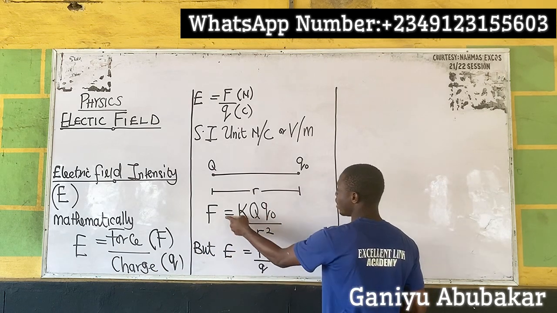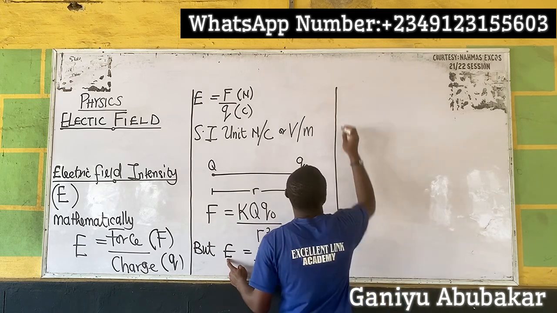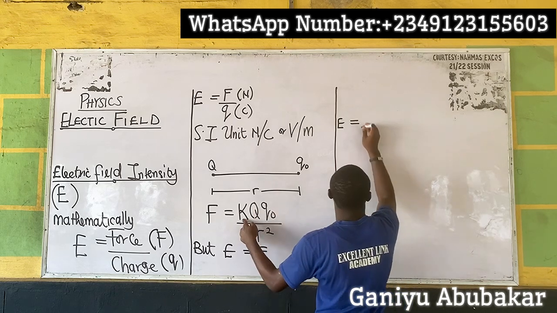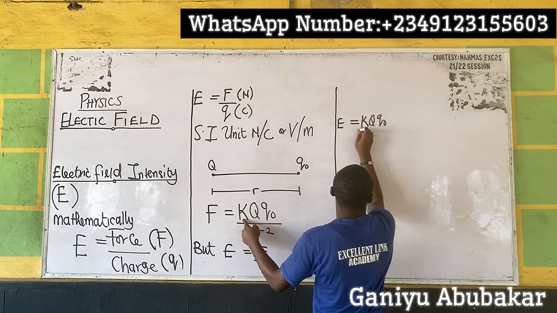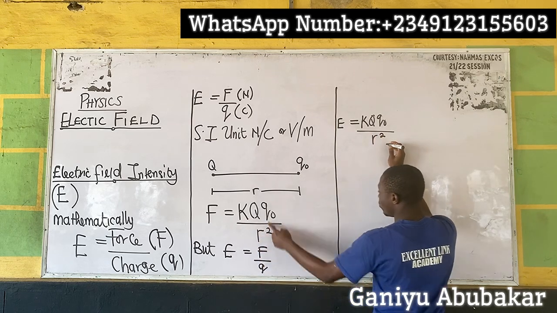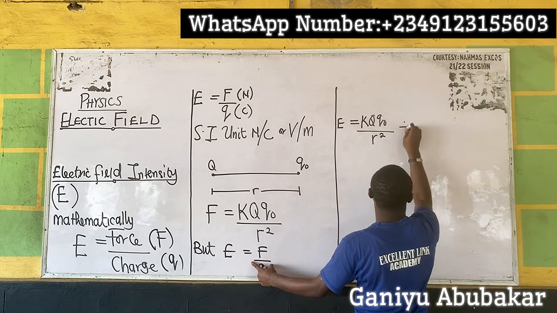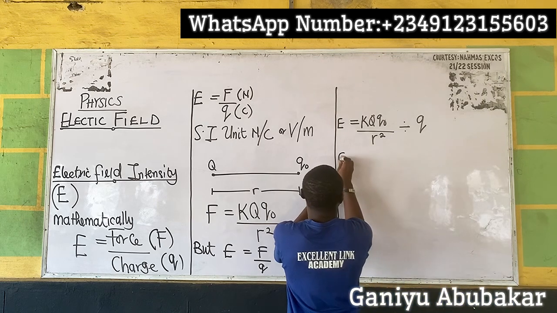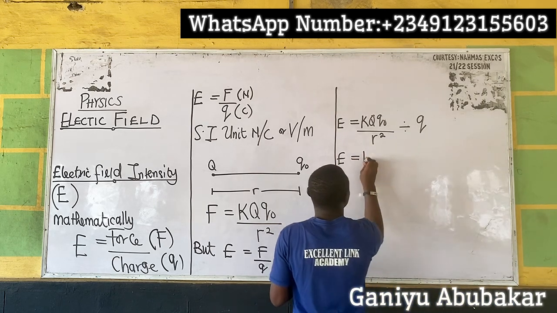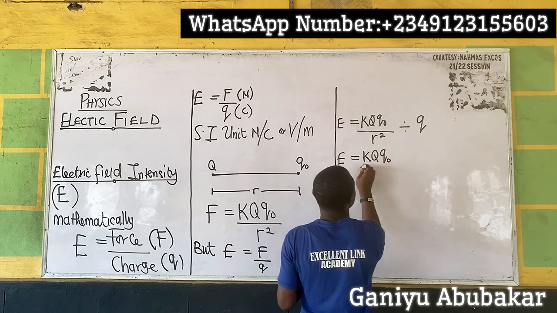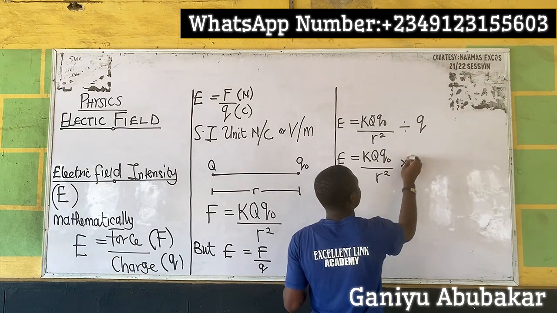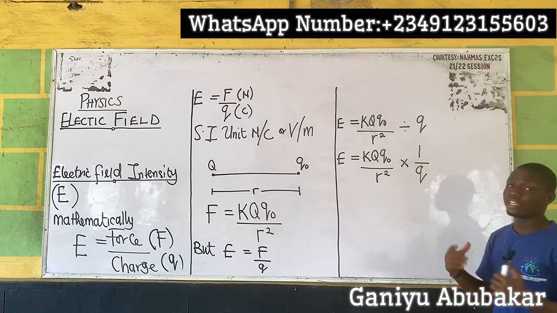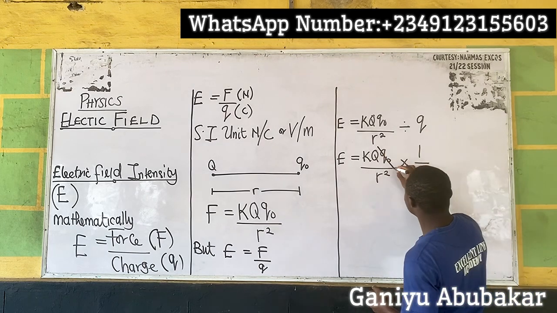Anywhere I see F, I'll put everything here. So E is equal to F, and F is Q naught all over R squared times the constant, divided by Q. Electric intensity E is equal to K Q naught all over R squared times, of course I will invert, 1 over Q. Q naught and Q are literally the same thing, so this one will cancel this one.